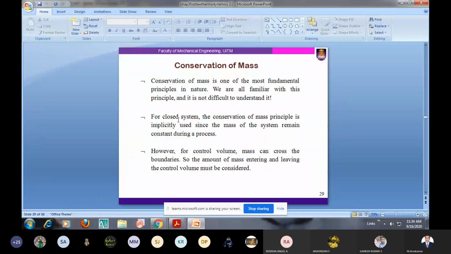But for a closed system, the conservation of mass principle is implicitly used since the mass of the system remains constant during the process. So for a closed system, we can tell the mass is this much.